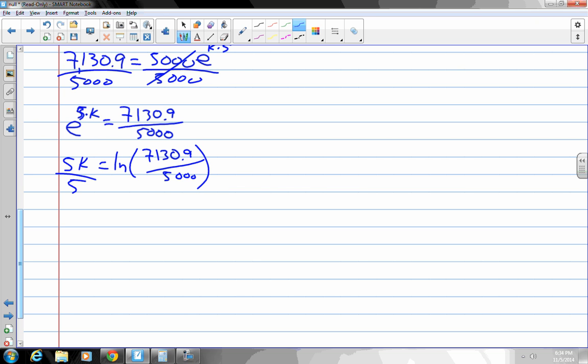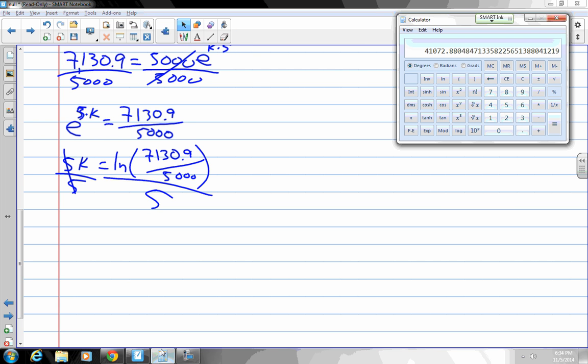So I can plug that into my calculator. 7130.9 divided by 5,000. Whatever that is, natural log divided by 5. So 7% or 7.1, whatever you prefer.